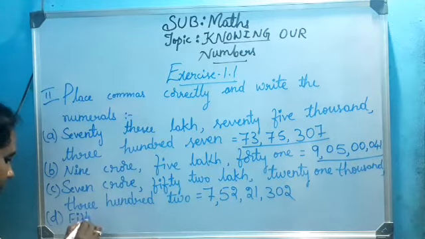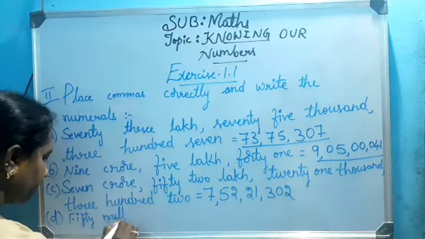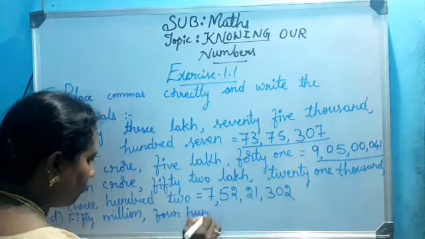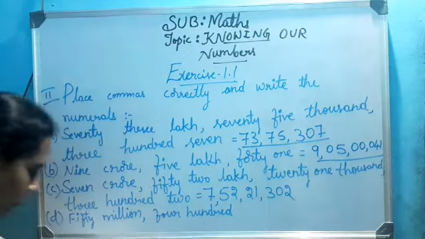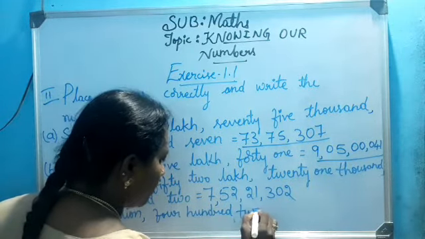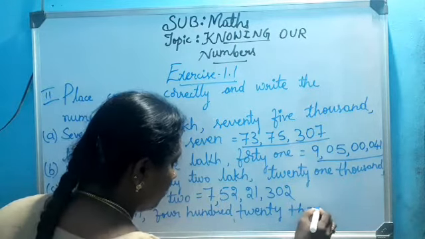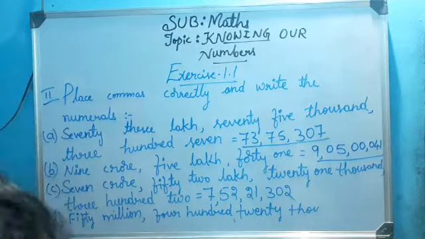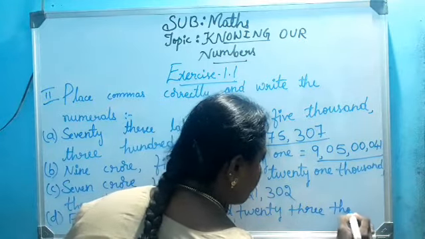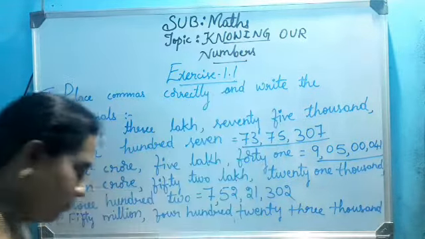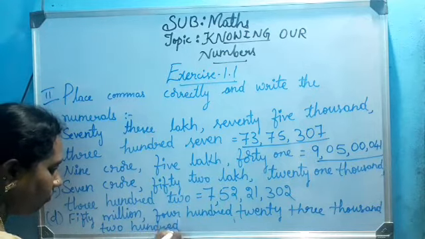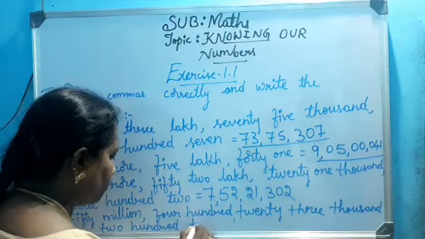The next question: 58 million, 400, 23,000, 200, 2.